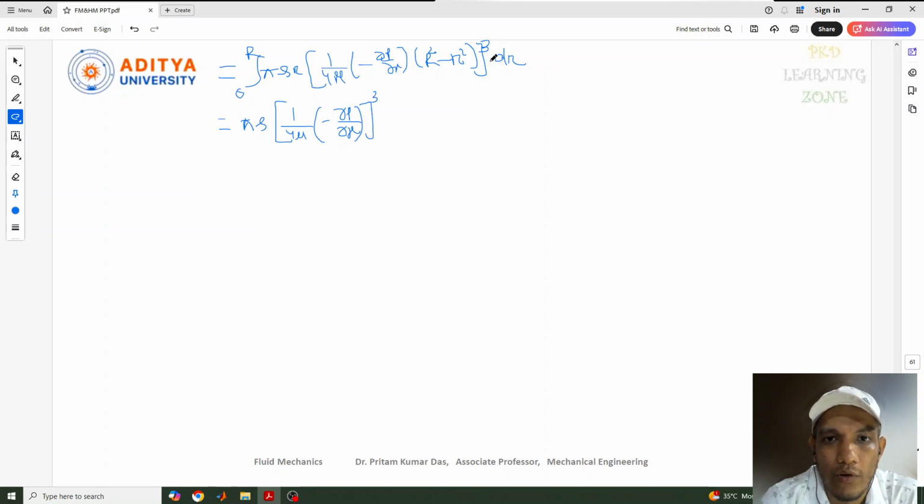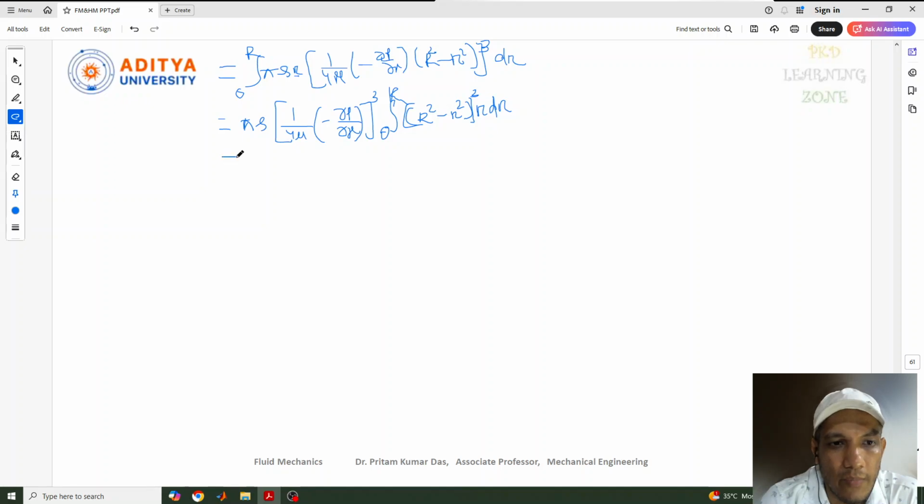Whole cube. Okay, again inside the integration 0 to r, what are the terms here? Inside, capital R square minus small r square, into this r is there. So r into dr. So these are the terms. Now again the whole cube is there, so you can write that in the bracket, whole cube.